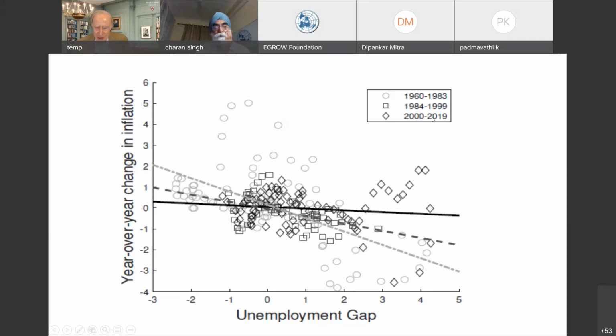And if you estimate the Phillips curve for the most recent sample of 20 years, you get this heavy, solid black line. And as you can see visually, there is some downward slope of that line, but mighty, mighty slim. And so for all practical purposes, the Phillips curve is flat these days.